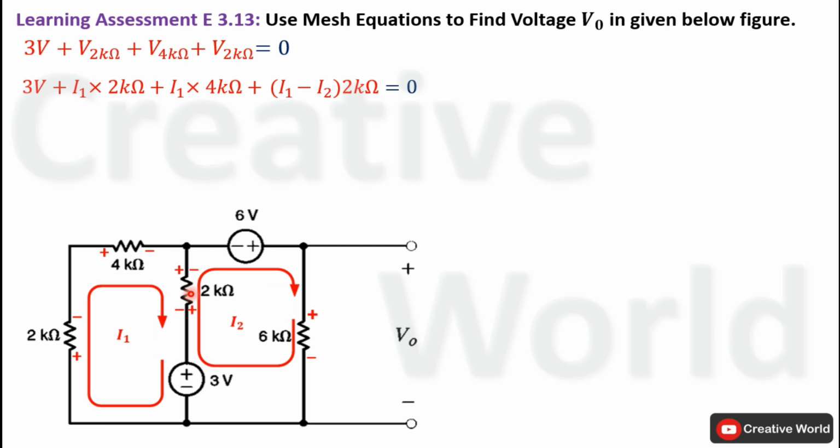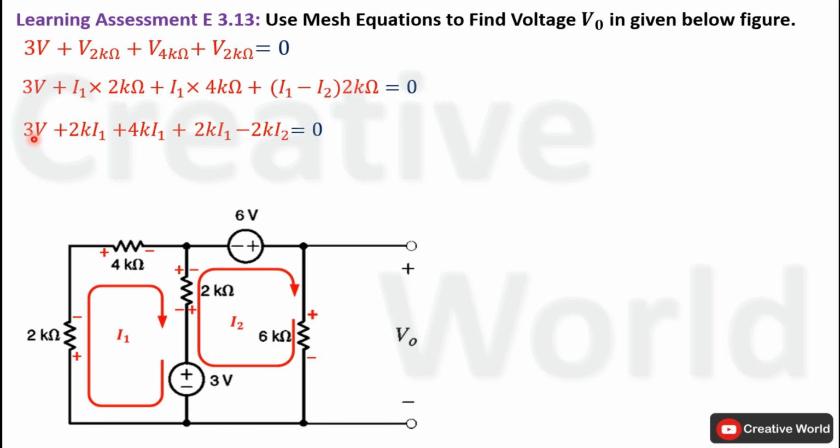Here we have taken the polarity notation of voltage across 2 kilo ohm resistance according to the direction of current I1, which is indicating that current I1 is larger than I2. That's why we have subtracted I2 from I1. Now open these brackets and take the product of 2 kilo ohm with variables inside the brackets.